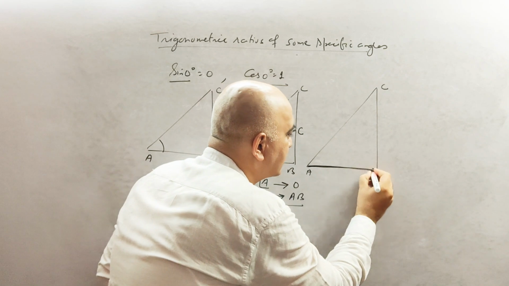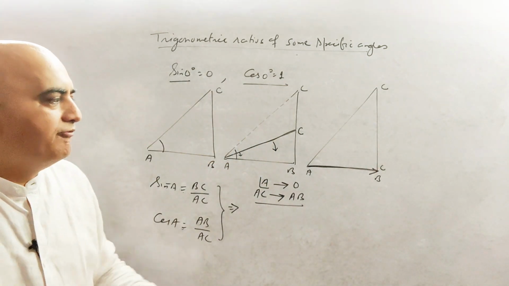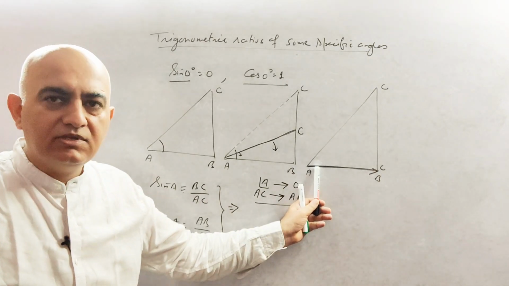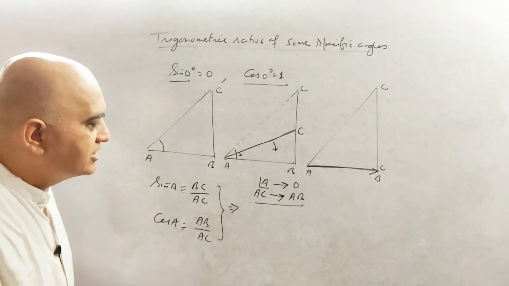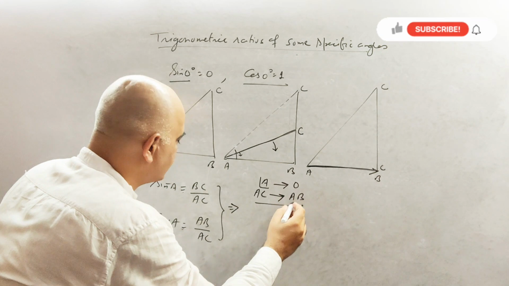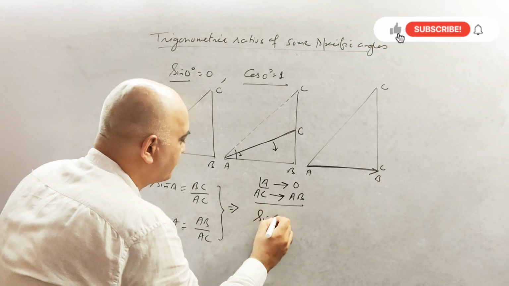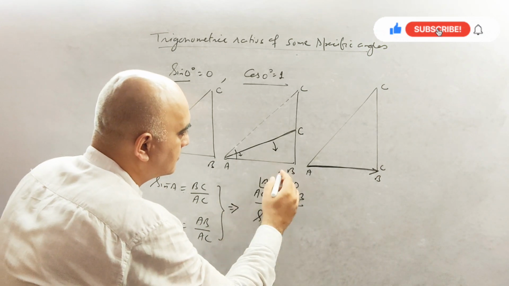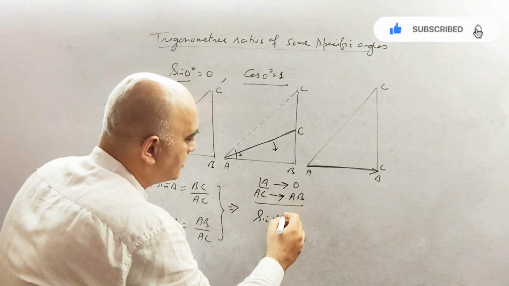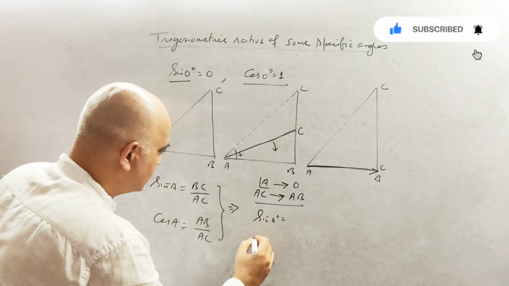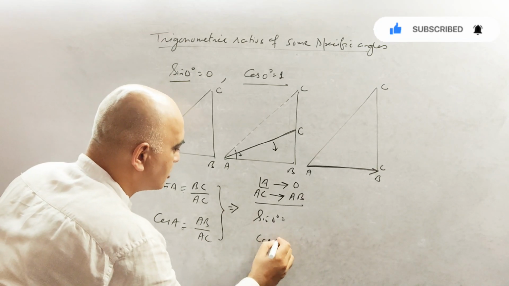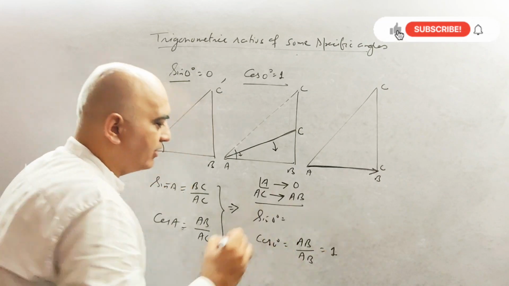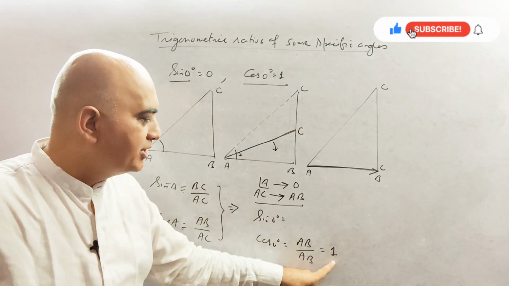So angle A becomes 0 and point C will coincide with point B. When this angle is 0 degree, AC becomes AB, so cos of 0 becomes AB upon AB. That would be 1. There is no issue. Cos of 0 becomes 1.